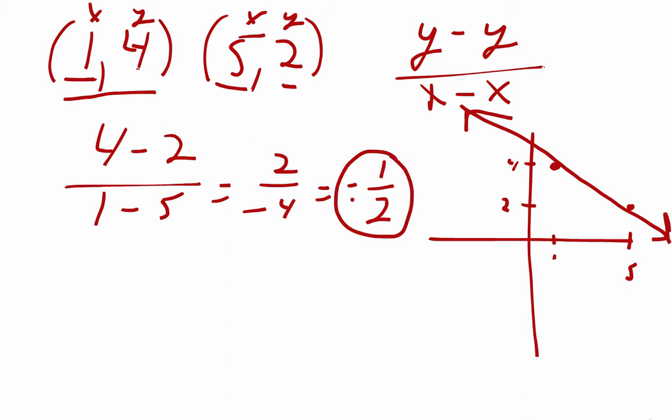It's going down to the right, and I can see that if I go down 2 over 4, or I can go up 2 over 4. So anytime you're given 2 points, you just subtract your y's, subtract your x's, and that gives you your slope. And like I showed you, you can graph those by plotting the points and drawing a line.